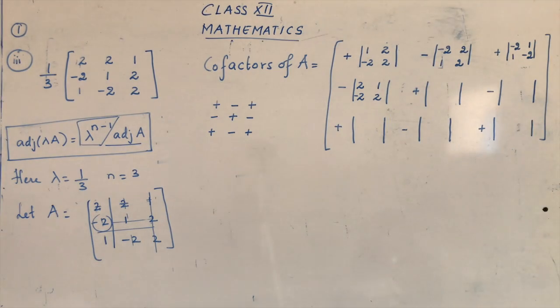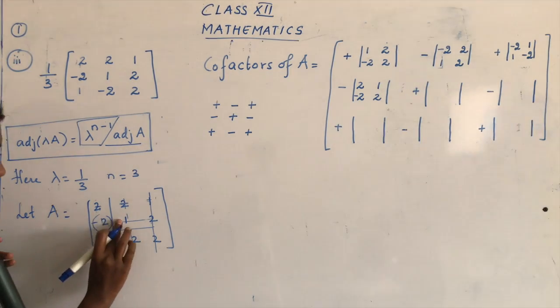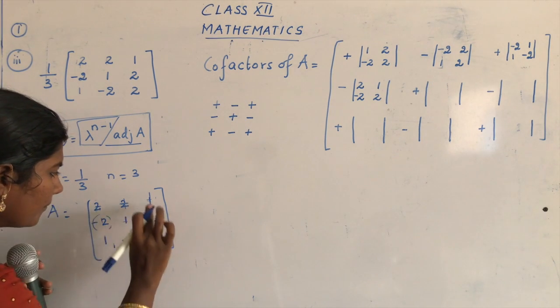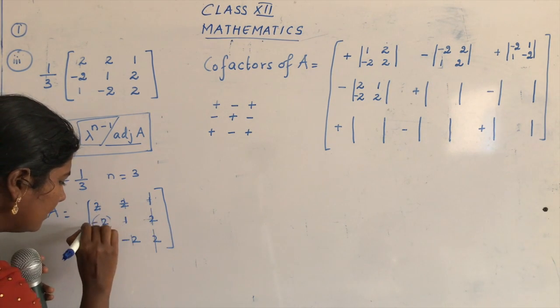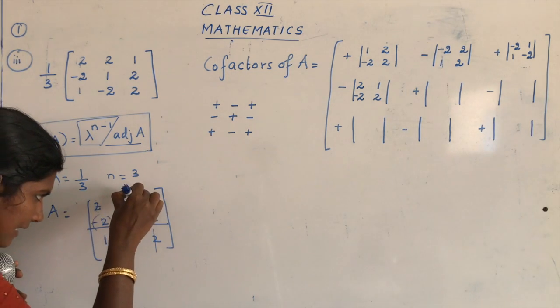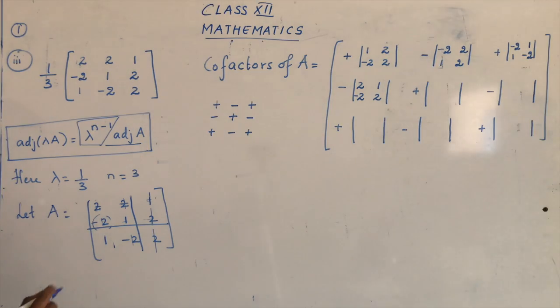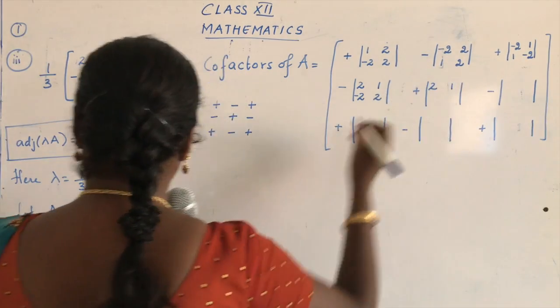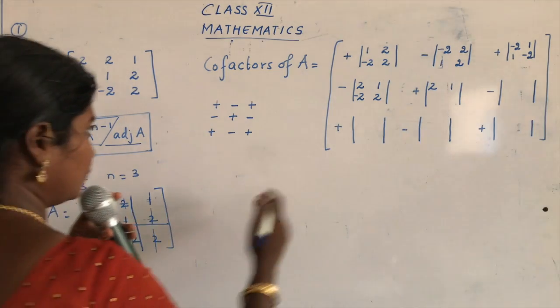Now let's go for the next thing. The next element you are going to focus on is 1. Eliminate this row and that column. So what is left now? 2, 1, 1, 2.